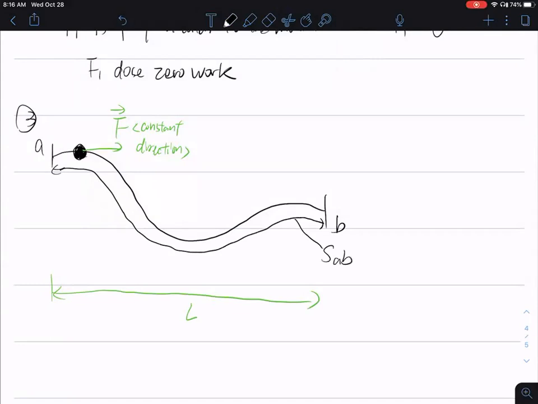Okay. Now I want to ask you, what is the work done by the force F? So the work done from A to B by F, what is that work? Should that be force times L, or should it be force times SAB?